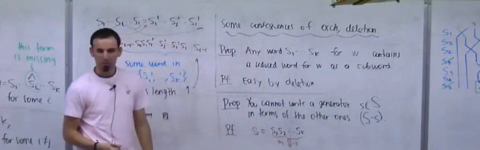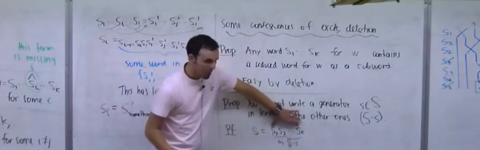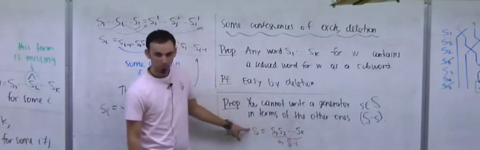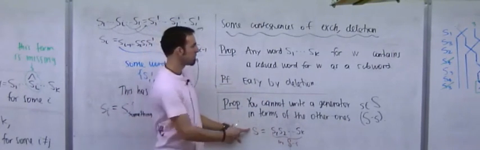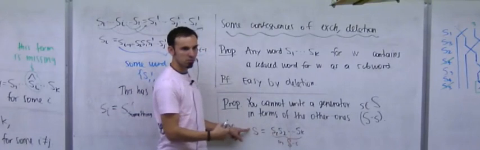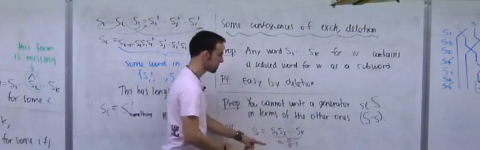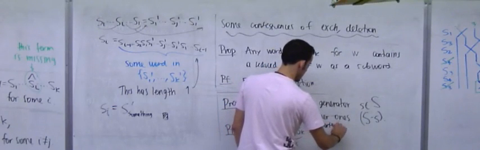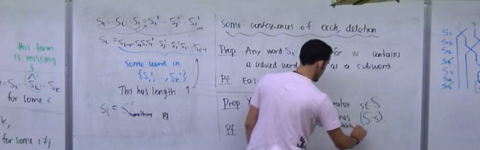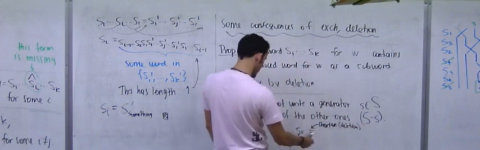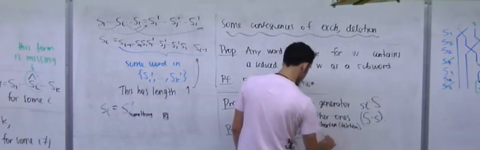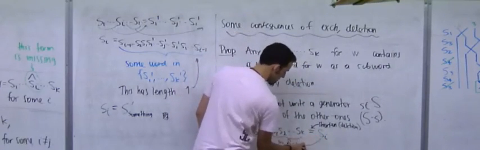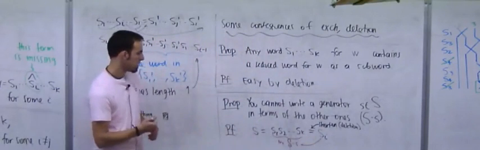Well, let me just repeat my argument. Here's an element of the group. What length does it have? It looks very long, but it has length 1. And that means that by this proposition, I can shorten it by deletion to a subword of length 1, equal to one of the s's which is not s, it's one of the other ones.